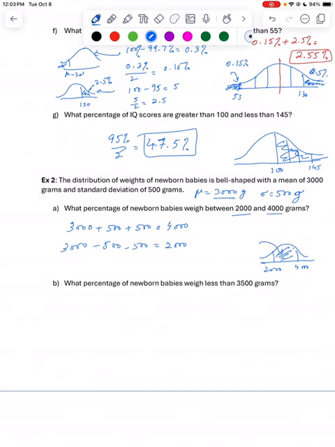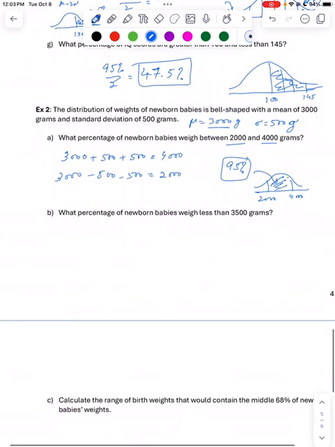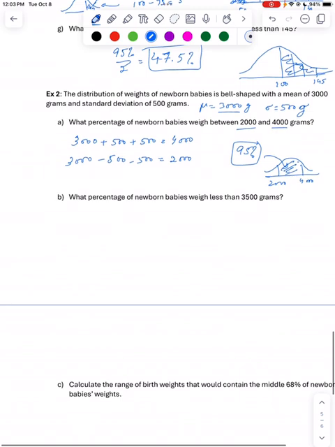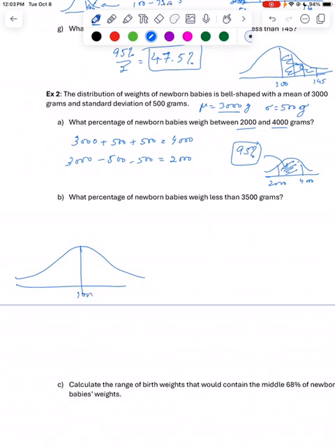Or if you have drawn that curve, wait a minute, no. So if you have that curve drawn here, so 3,000, 3,500, 4,000, then 4,500.